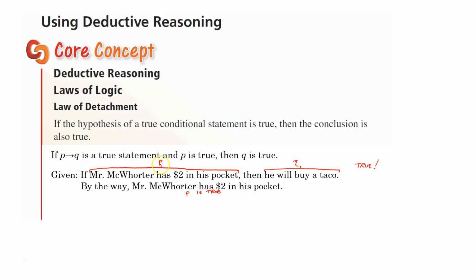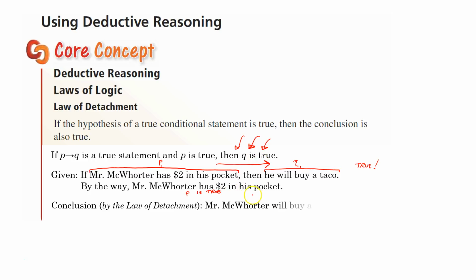All right, so I have P implies Q, a true conditional statement, and then I come to find out P is true. What can I conclude? Ding, ding, ding. I can conclude that Q is true. So my conclusion, good friends, by the law of detachment, is that Mr. McWhorter will buy a taco.